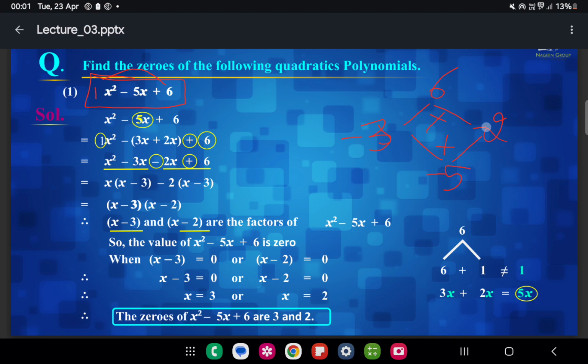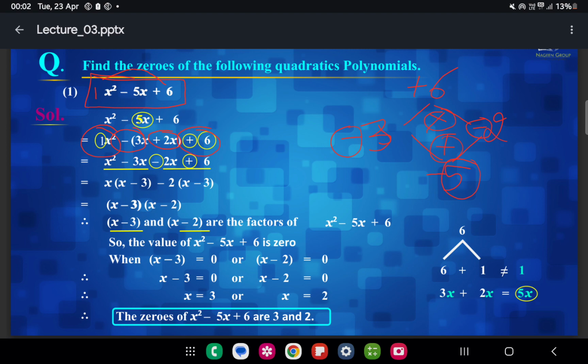Both the signs we have to take minus, so minus into minus you will get plus. Minus minus, when we add you will get minus only. So you will get 1x square minus 3x minus 2x plus 6.